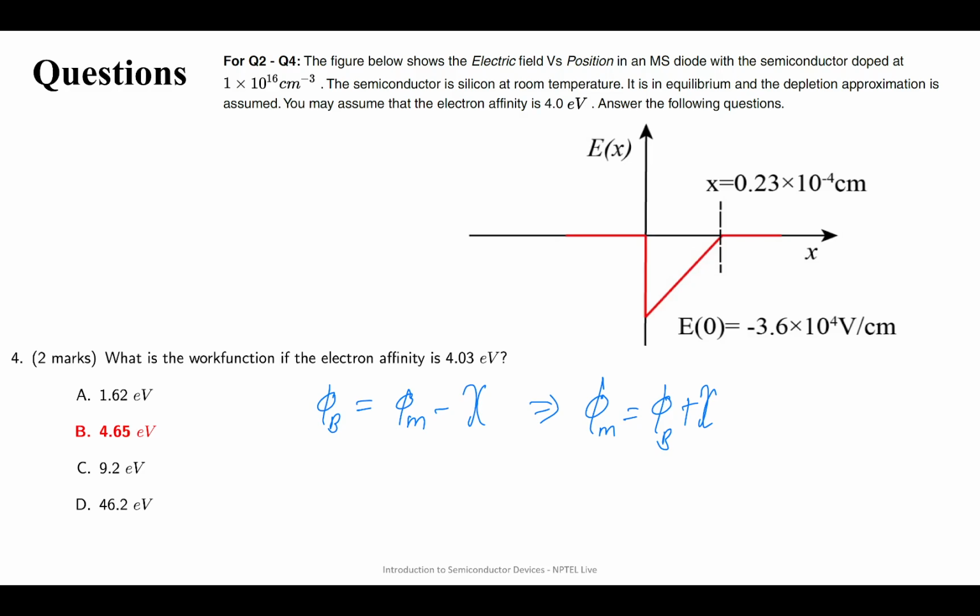So that barrier height is phi m minus chi. So you reverse it, your phi m becomes phi B plus chi. So it will be 4.03 plus 0.62. So that is 4.65 electron volts.